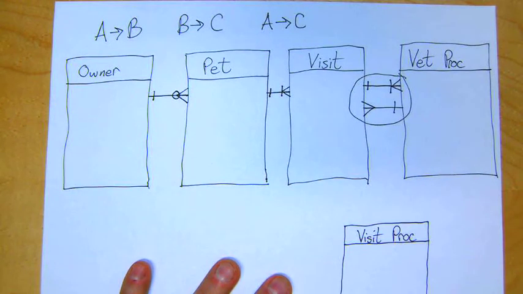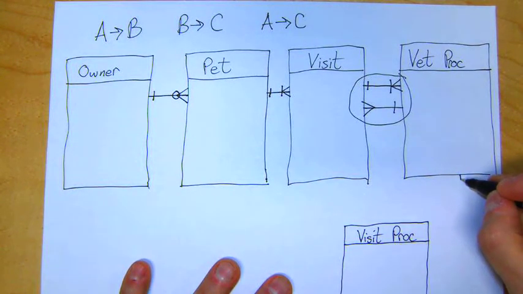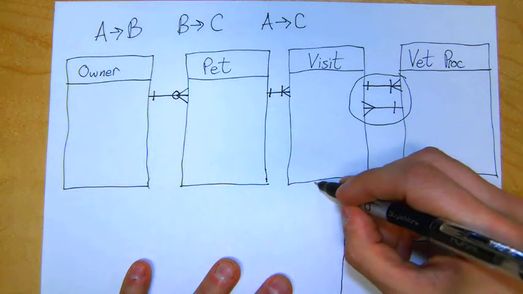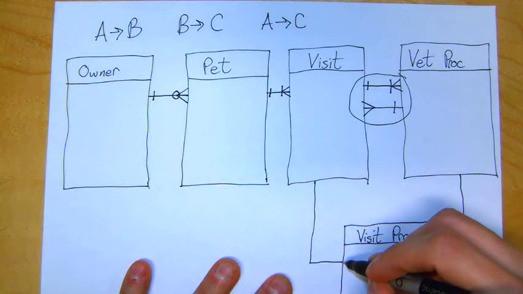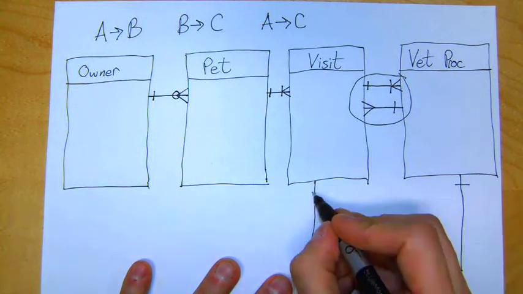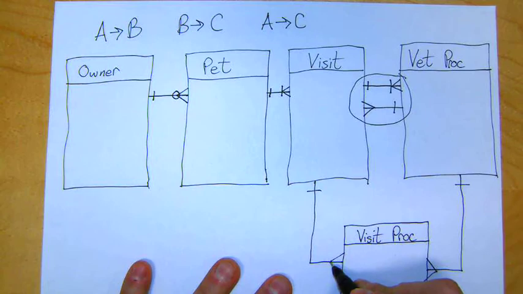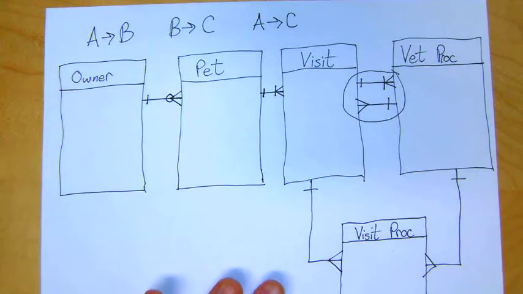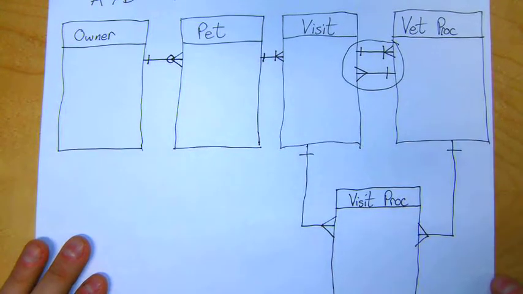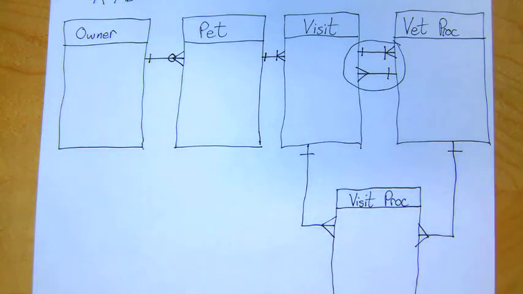And what you do is you create two one-to-many relationships that are in between. That's better. Sorry, guys.